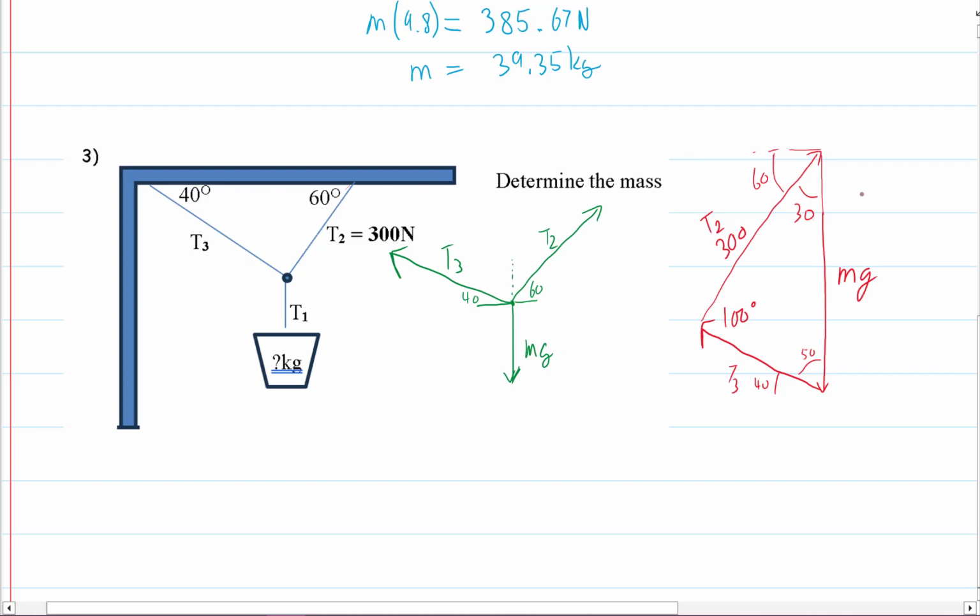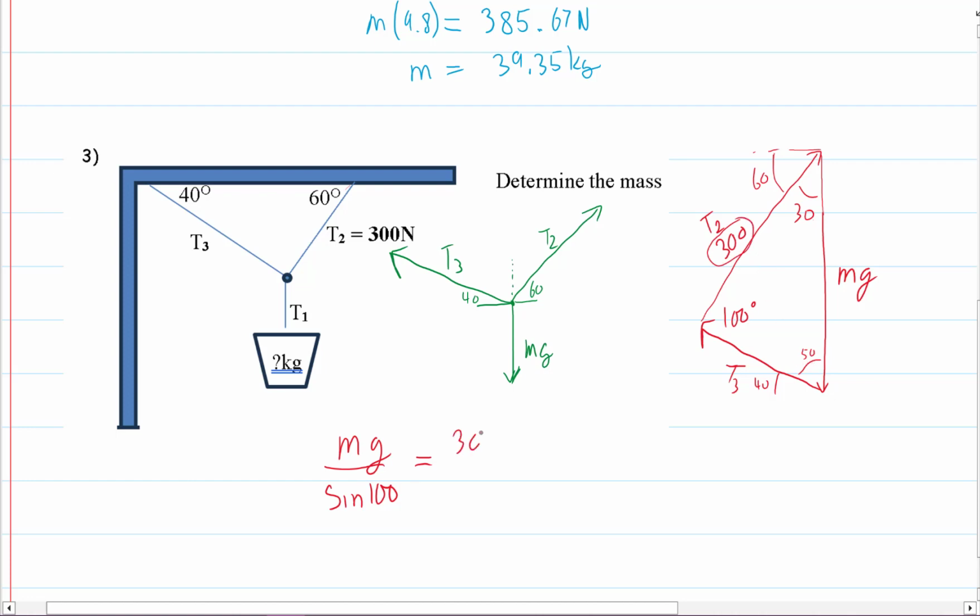Okay, so we have a nice triangle to do sine law and cosine law with. We want to find out what mg is. That's across from the 100. So mg over the sine of 100 is going to equal the known one of 300, which is across from the 50.